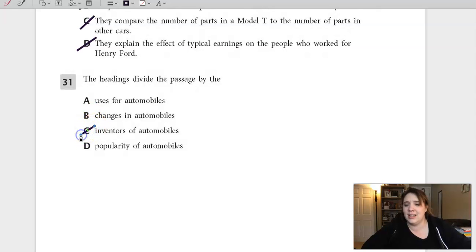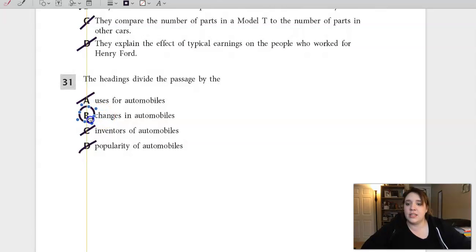No. They didn't say any inventor's name in those headings. The popularity? No, because they didn't say the most popular car or this was the best car to get. No, they just simply said the need for speed, fuel, full steam ahead, those kinds of things. So now, was it talking about the uses of automobiles? No, it didn't say move around, like able to move around. No. So that leaves us with B.